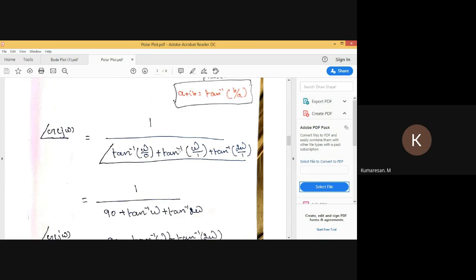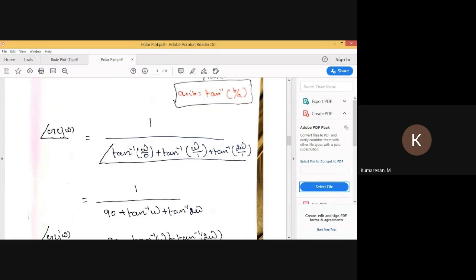Plus, for the second term, tan inverse of b by a. The term is 1 plus j omega, so b is nothing but omega divided by a, which is 1: tan inverse of omega. Plus, for the third term, 1 plus 2j omega: 2 omega is nothing but b, 1 is nothing but a.